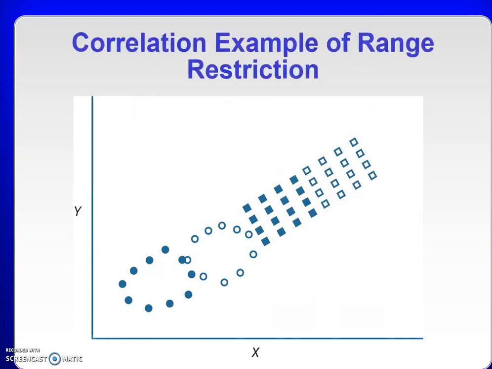And here would be an example of that. You can see with the lower numbers, we show no relationship. But as the range increases, we can see then a positive correlation demonstrated.